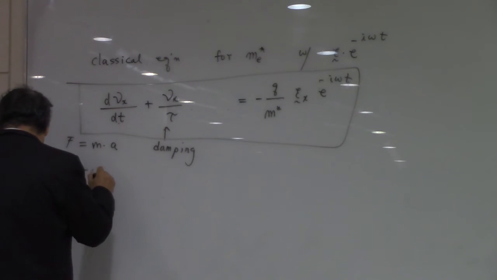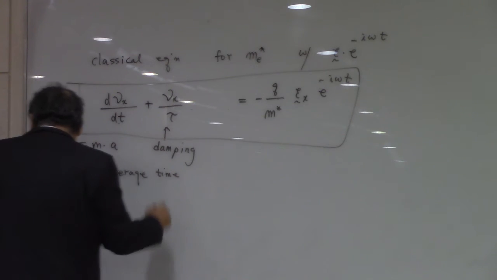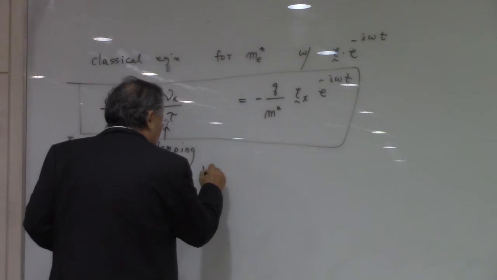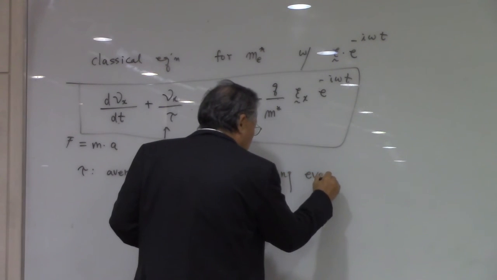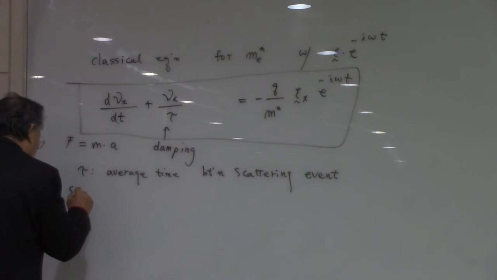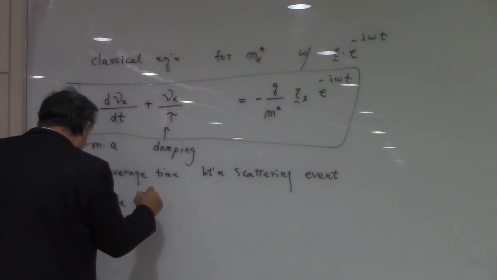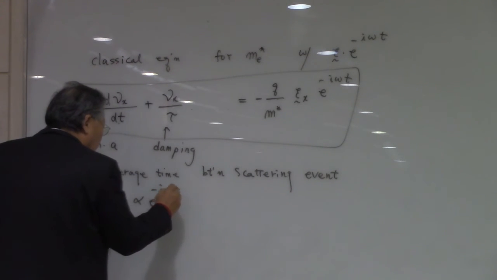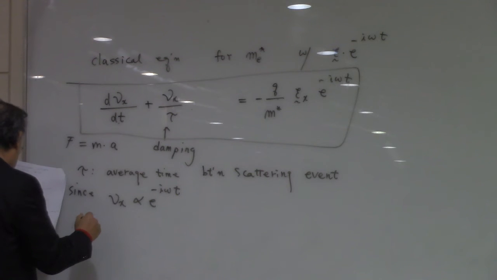And the tau is the average time between the scattering events. We have seen that, right? It's accelerated for the time tau, right? And since the velocity Vx is going to change proportionally to the electric field change, in other words, with the frequencies or something like that, you can solve this.